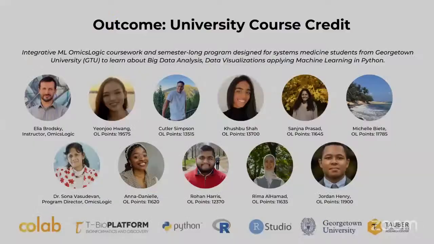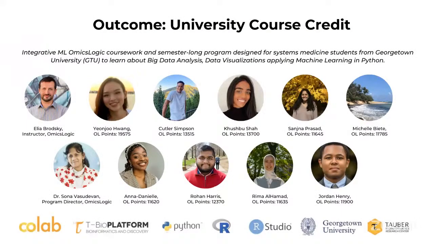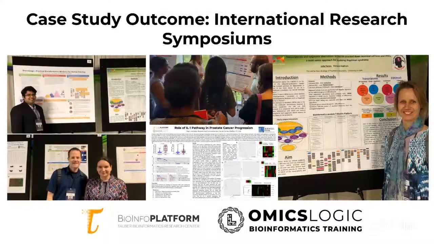And let me walk you through a few examples of how students have leveraged the resources to achieve their academic and professional goals. So here we can see a cohort of students from the Systems Medicine graduate program at Georgetown University who worked on machine learning projects using Python. Students have also gone on to present their research projects in poster presentation competitions to win exciting cash prizes.